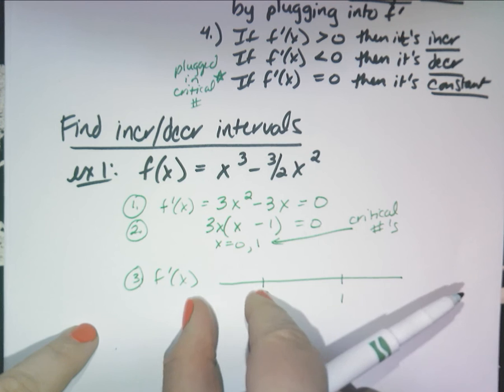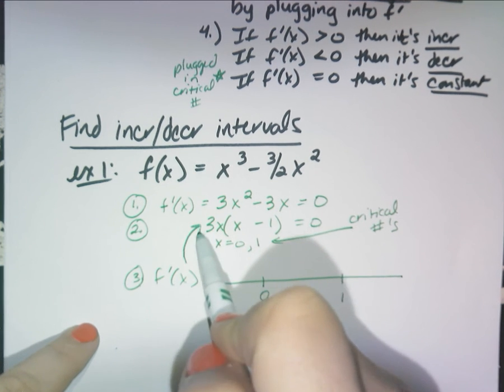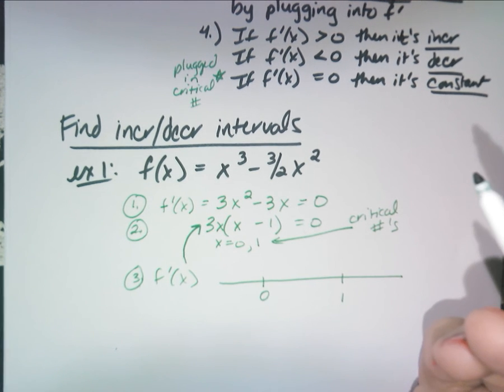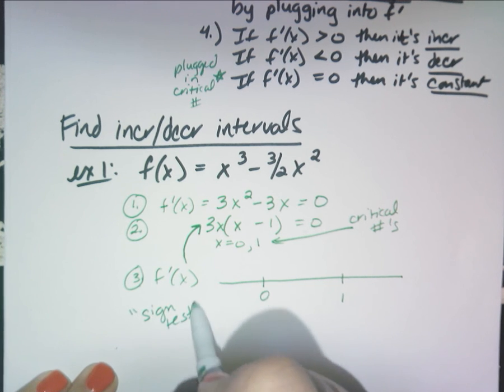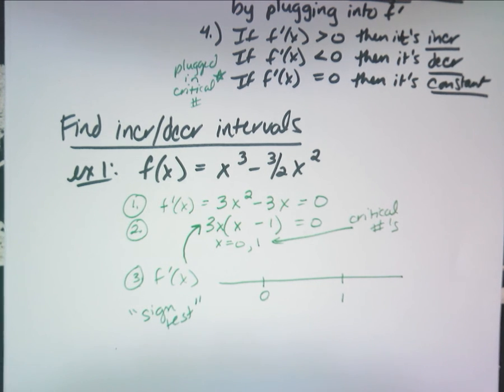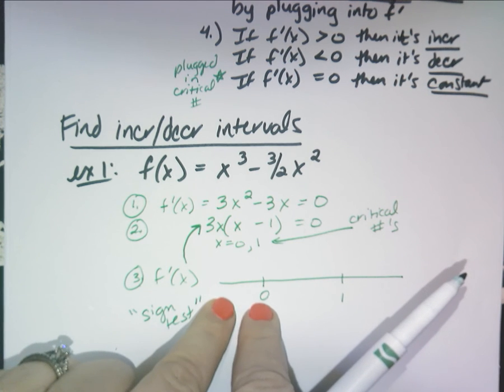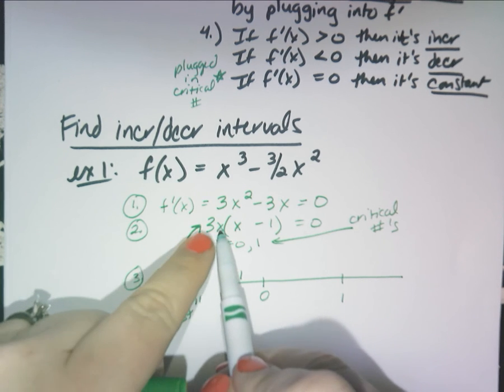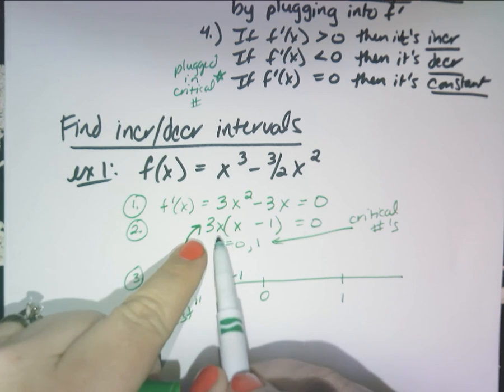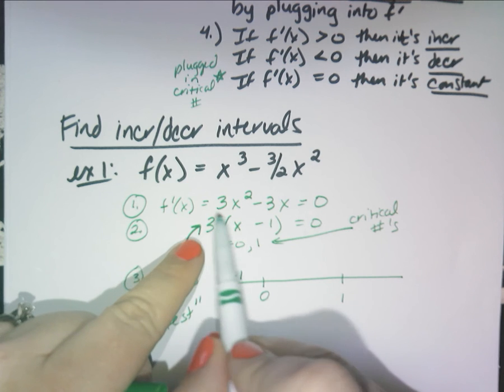You're going to test into the derivative, and I like to do what's called a sign test. You don't really have to get the number. Pick a number that comes in this interval. What would be a number? Negative 1. If you plug negative 1 into the derivative, wouldn't this still be negative? 3 times negative 1 is negative.